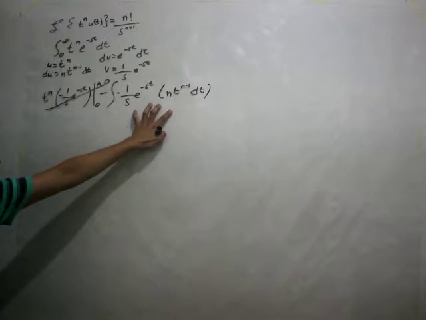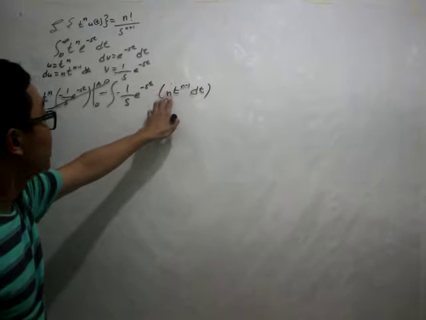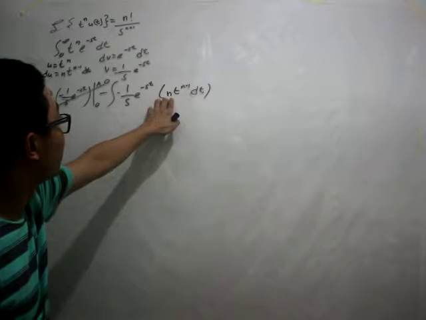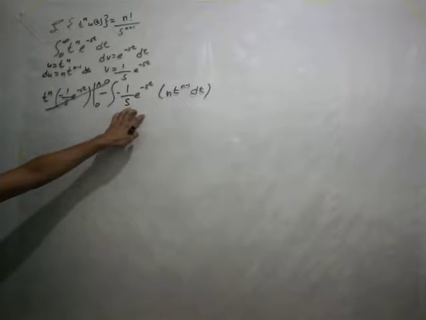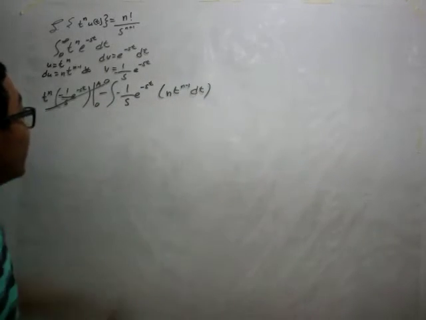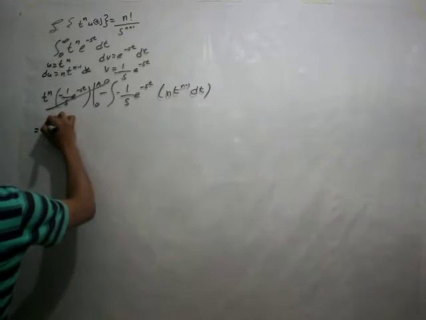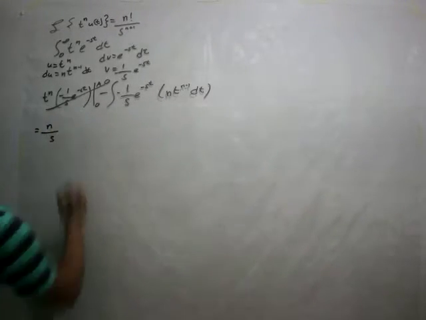So when we simplify this, I will simply move out of the integral sign our constant, and our constant will be n over s.